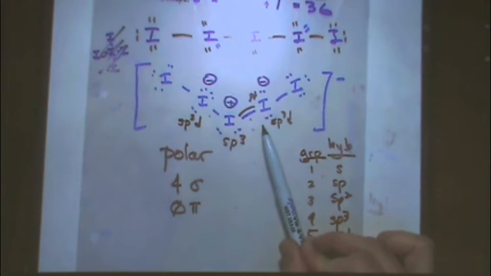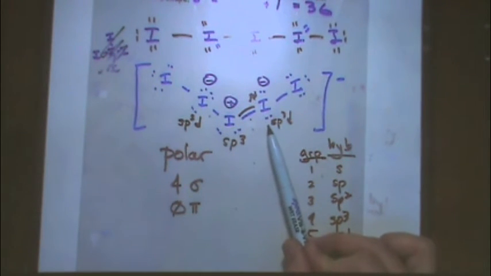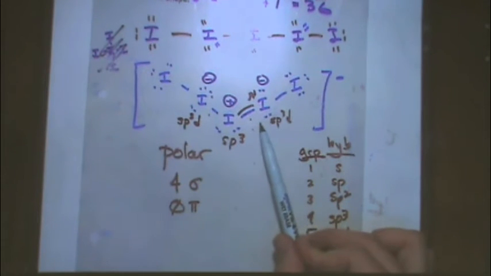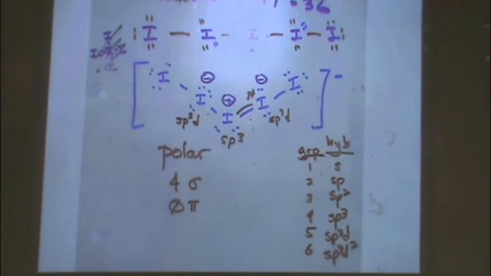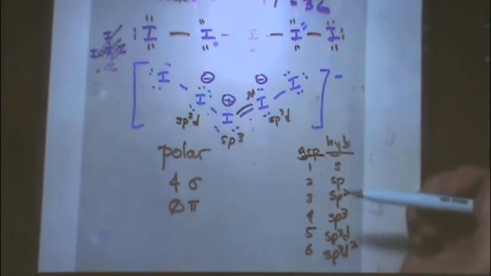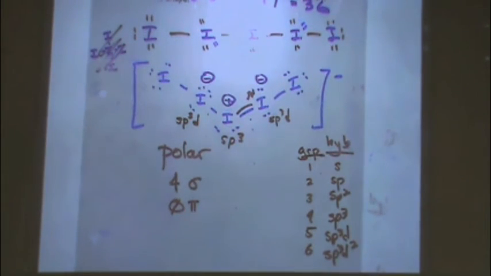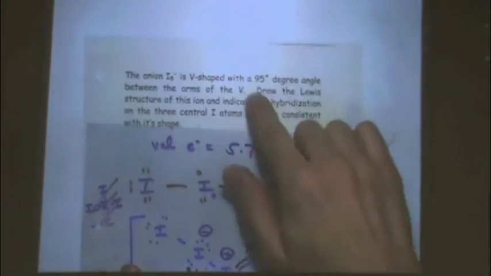It's okay if I break the octet. It's fine. This has how many groups now? 4. And that makes it bent. And that doesn't fit the V shape. But otherwise, nice idea. Yeah, but because that would fix the formal charge, is probably what you're thinking. You're right. But it would undo the question.